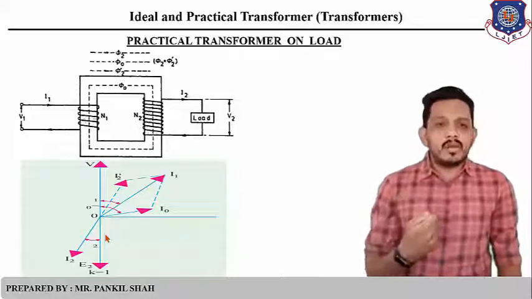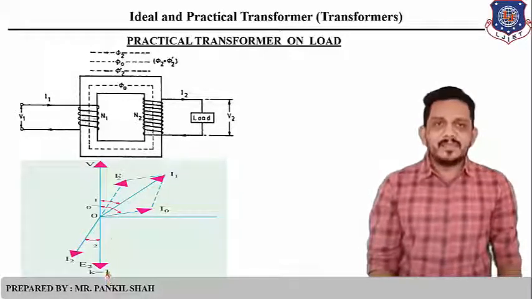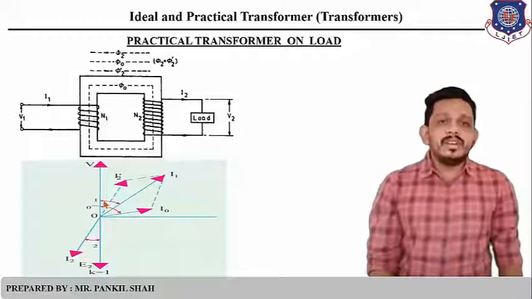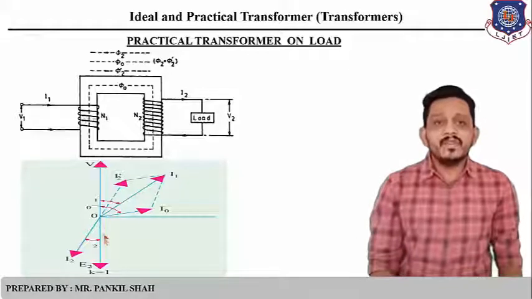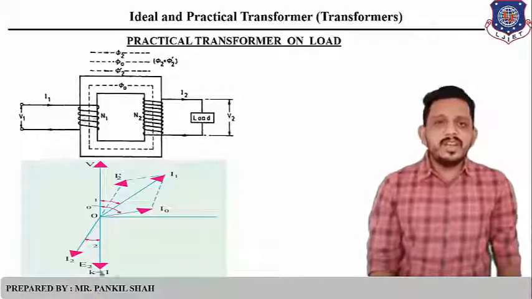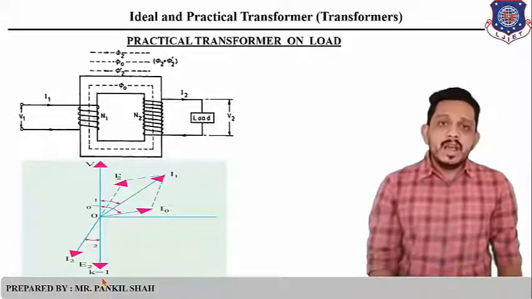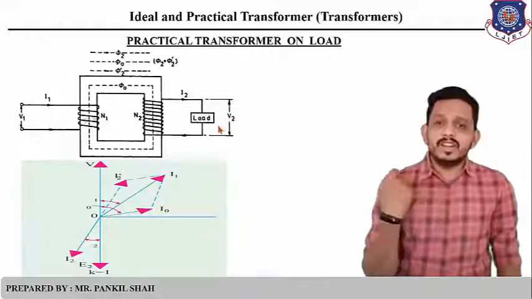Now let's talk about the EMFs. You can see that the EMFs of the primary and the secondary winding will be 180 degrees phase shifted here. So we can draw E1 and E2 with a 180 degree phase shift. Now the current in the secondary winding depends upon the nature of the load.